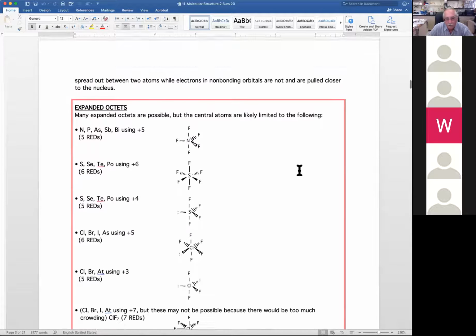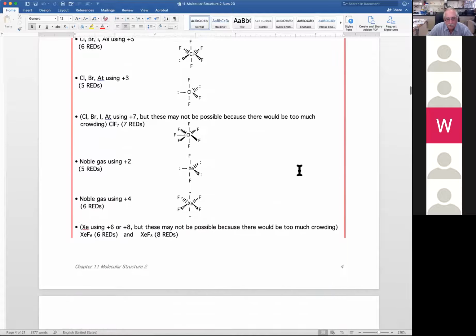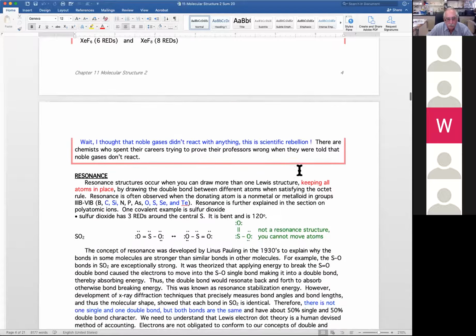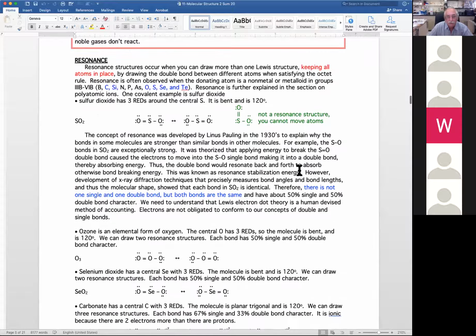Then expanded octets, I'm not going to test you on those. Resonance is a new concept in this chapter. So here in sulfur dioxide, I had to put the double bond there to make sulfur happy. If I didn't do that, it would not be a valid Lewis structure.